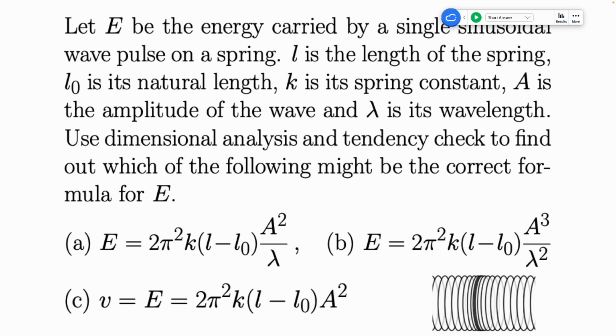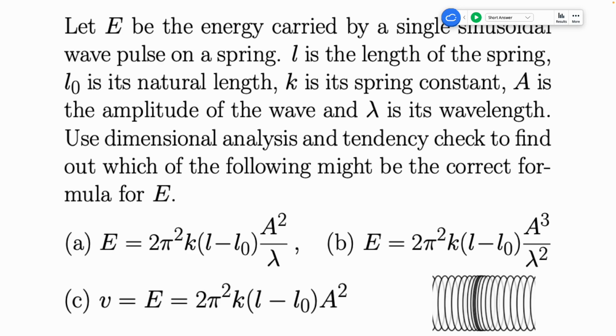A single sine wave is just a single sine wave. Okay? That's what I mean by a single sine wave. If you look at a periodic wave, there's an infinite amount of wave and the energy just explodes, so it's not a well-defined thing. That's why I asked for a single sine wave.